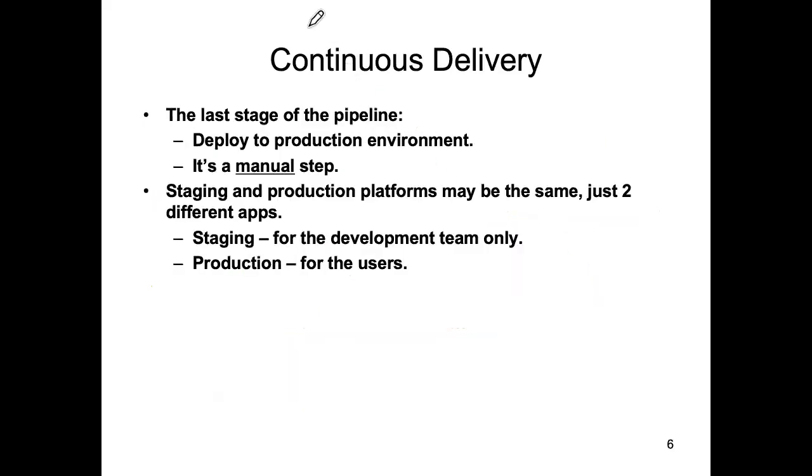So the last stage of the pipeline, as I've already said, is where you deploy to the production environment, and it is a manual stage in a continuous delivery context. Usually the staging environment and your production environment are very similar. So in our case, they might both be Heroku based.